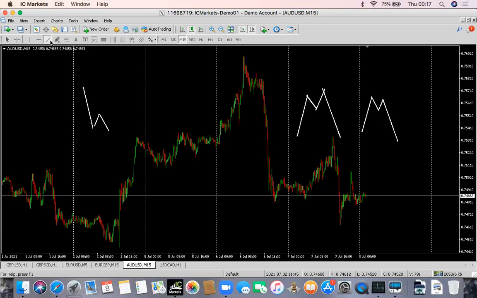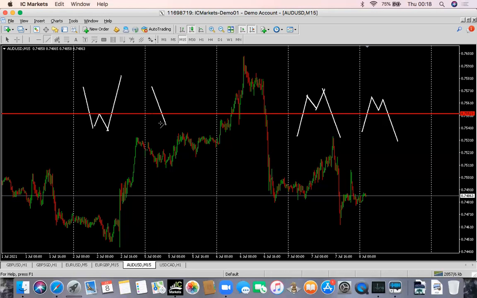Break structure, and then up. Remember, this is your entry, right there. So for the other one, it doesn't break structure.